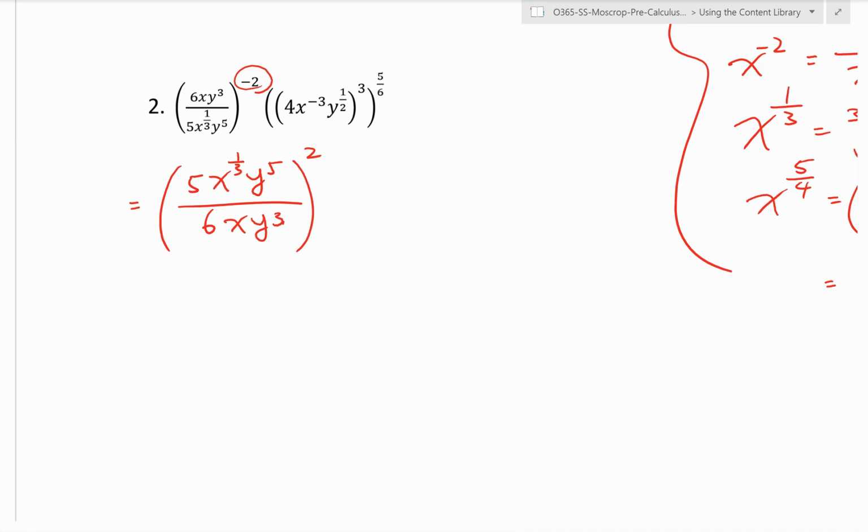I just swapped the numerator and denominator. So that's what I did with the first set of brackets. For the second set of brackets, I would need to work with this first, but there's nothing I can do. So then I'm going to apply the cube.